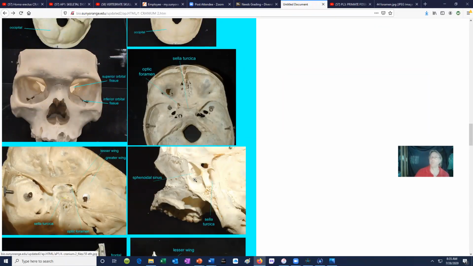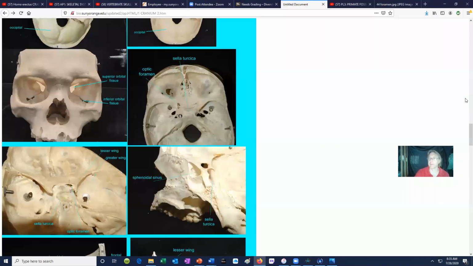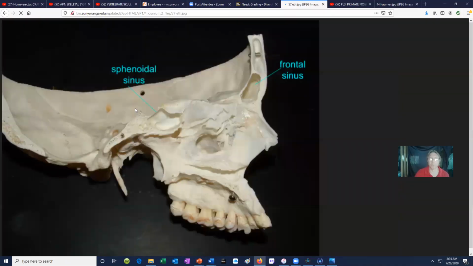The sphenoid is one of the three bones of the cranium which has a sinus, an opening to lighten skull bones and provide a resonance chamber for speech. So here you can see the sphenoidal sinus. There is the sella turcica there. So the sphenoid is an important bone of the skull.